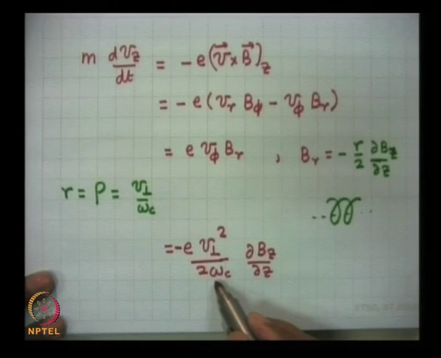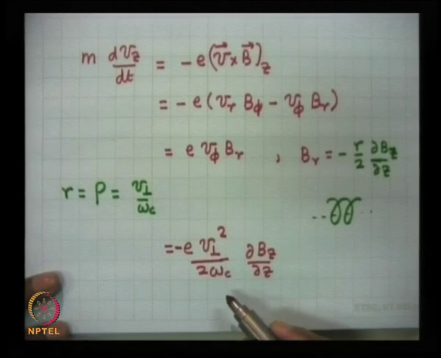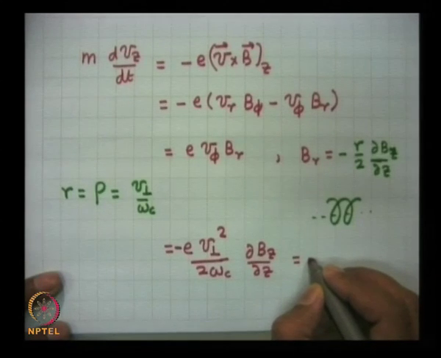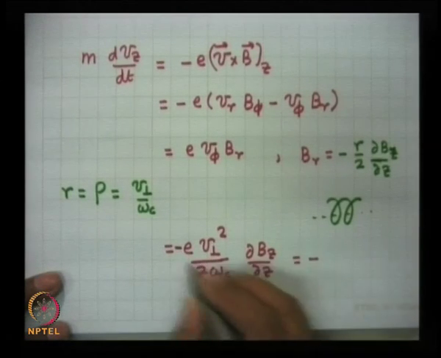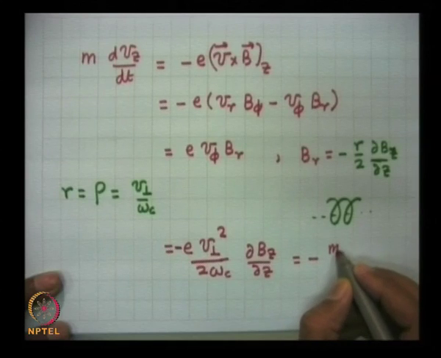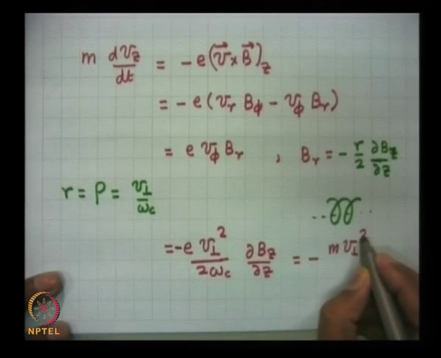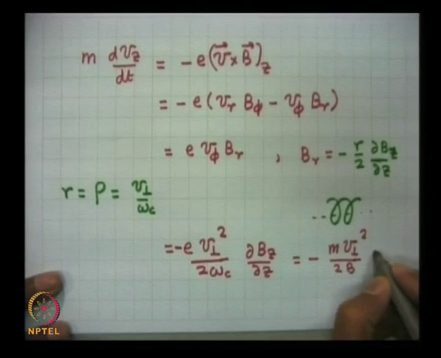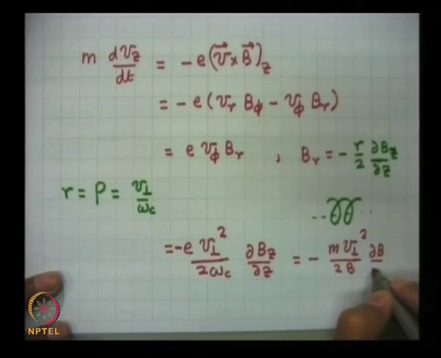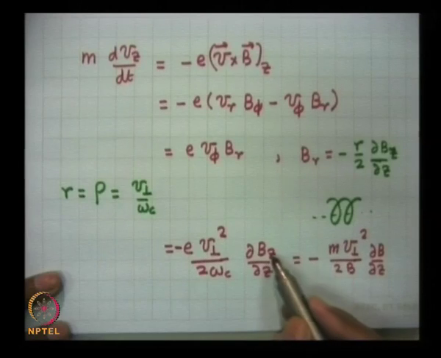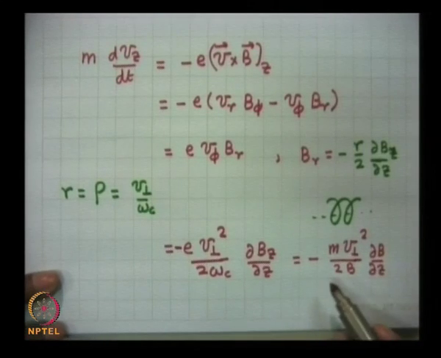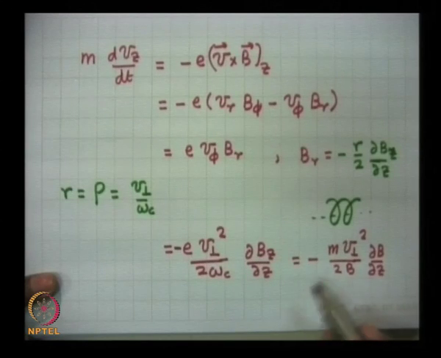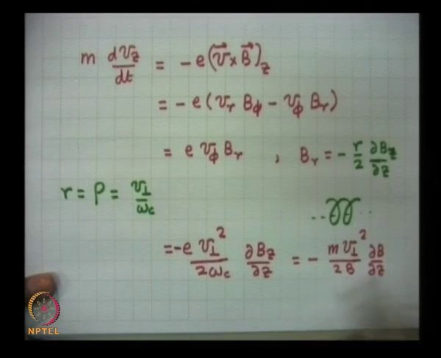And this omega_c, if I put in terms of eB upon m, then this turns out to be equal to minus e will cancel out, m V_perp square upon twice B delta B by delta z. Here I am approximating B_z by B because B_r is very tiny. So, B_z square is certainly much bigger than B_r square. So, approximately this is all right.